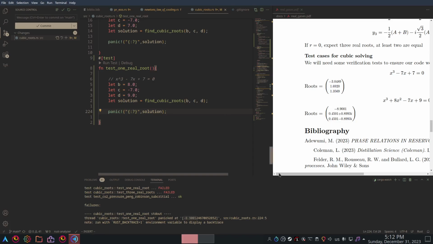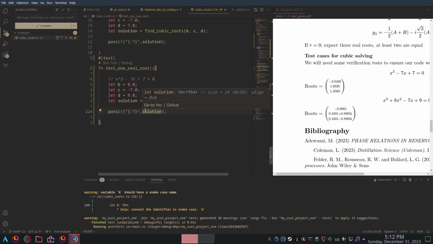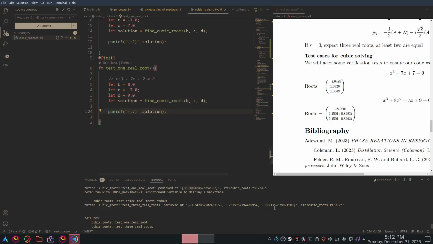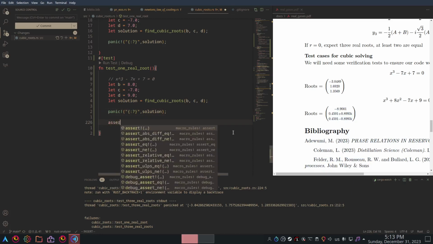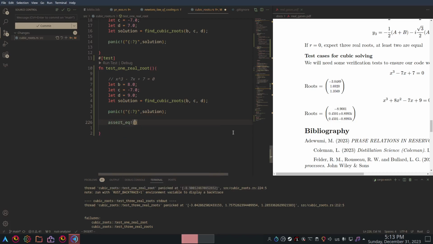And the thing is that I do not want to use this panic to try and get what the root is. I want to use an assert equal.